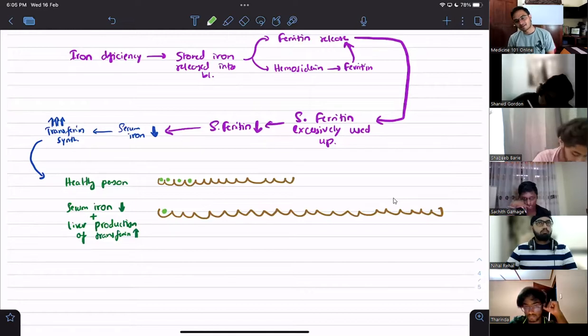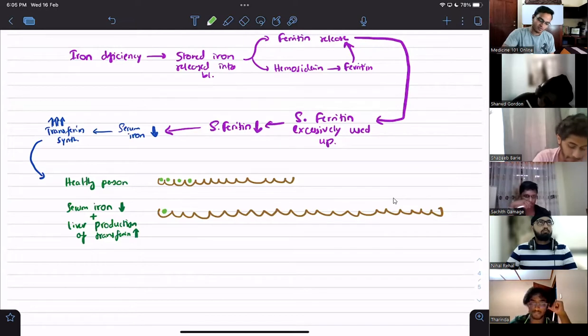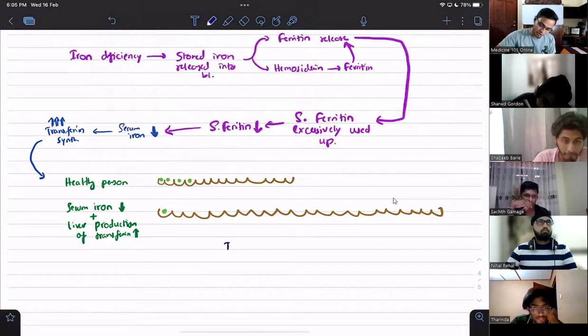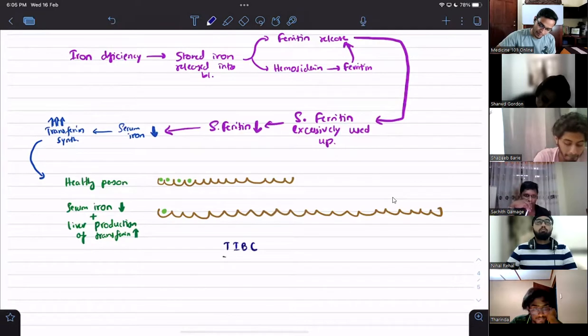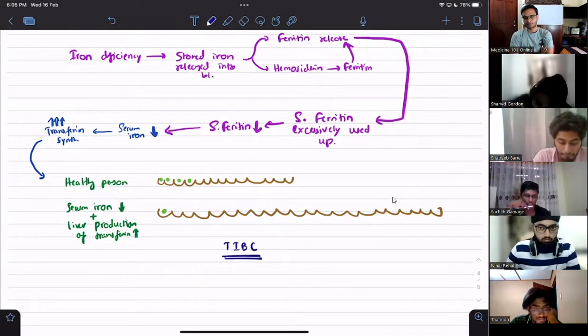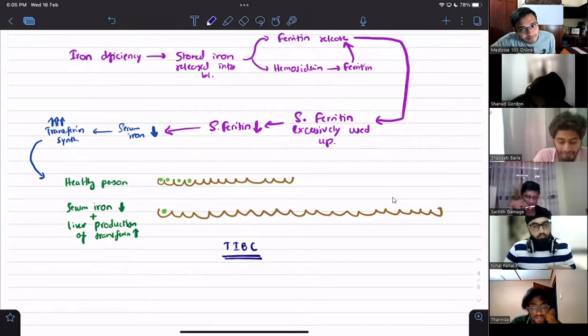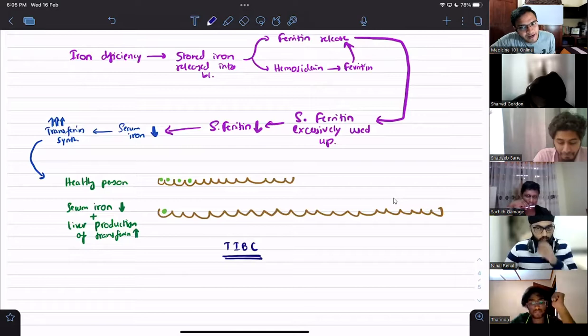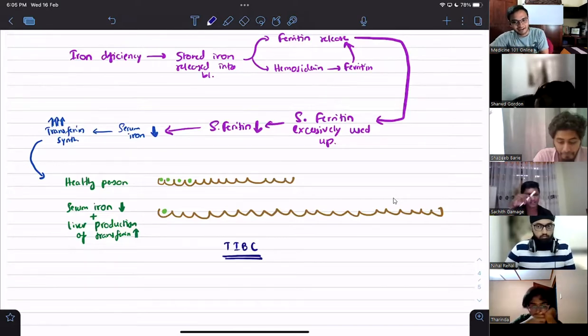Now tell me this. What is happening to the total iron binding capacity in an iron deficient person? Capacity increases, but what's the definition of TIBC?